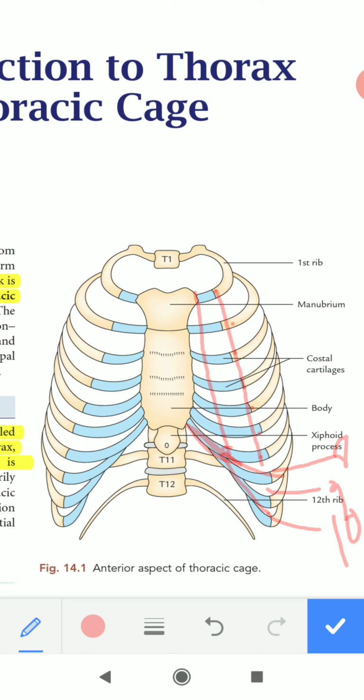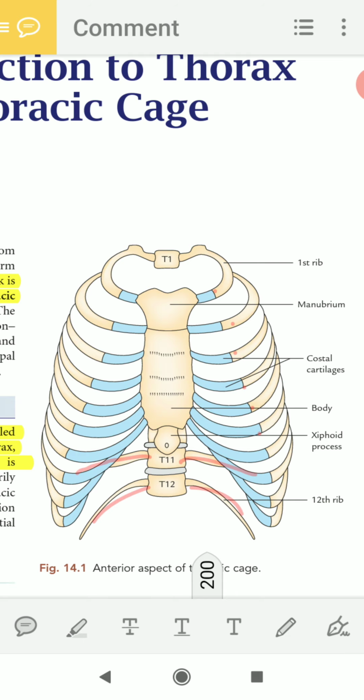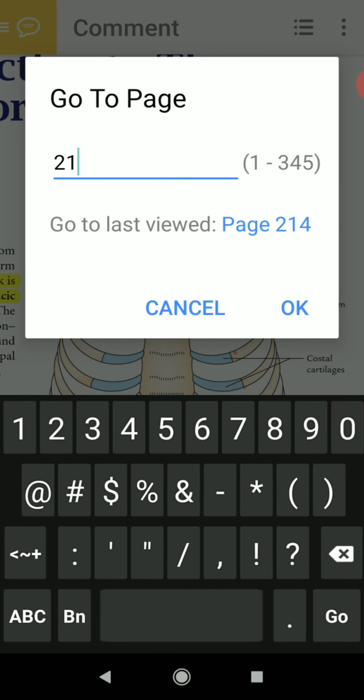They fuse, their costal cartilages fuse and they attach to the sternum with the help of the upper costal cartilages. And look at that, the last 2 ribs, that means 11 and 12, their anterior ends are free. That means anterior ends are not attached to the sternum, so that's why they are called floating ribs. Okay.